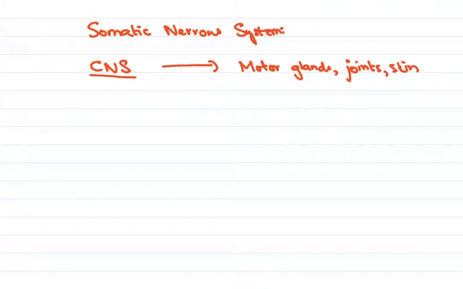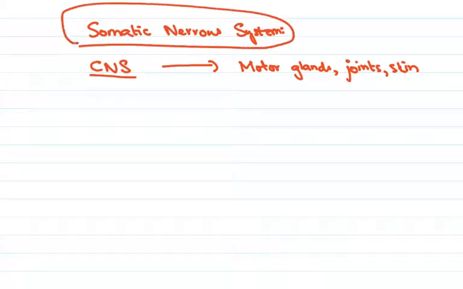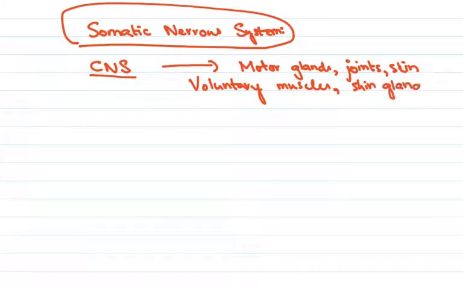So basically, the somatic nervous system consists of all of the nerve fibers that connect your voluntary muscles and their movements to whatever you experience or feel on the level of your skin glands. So it's the communication signal between the central nervous system and all of these different components.